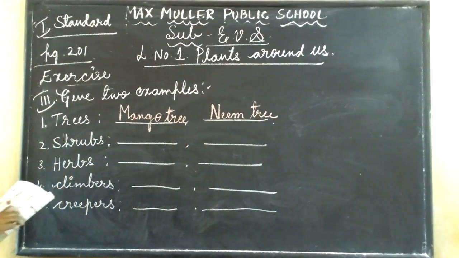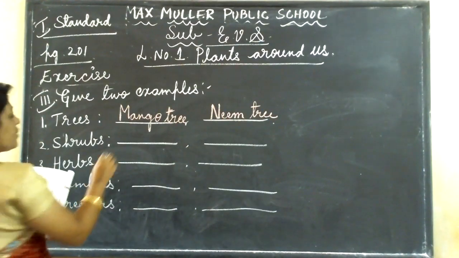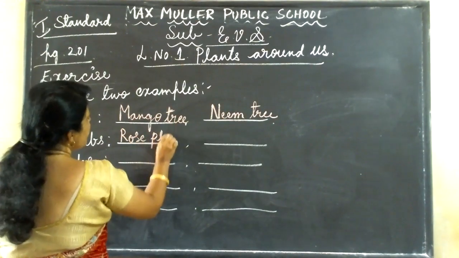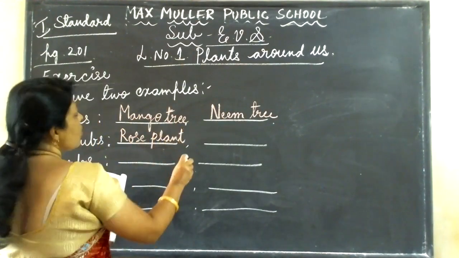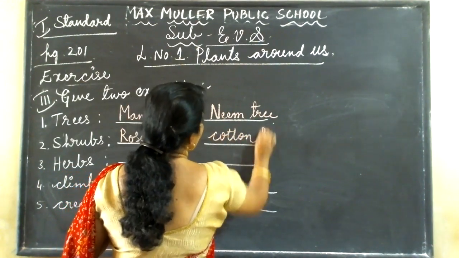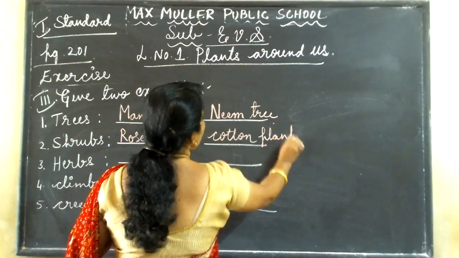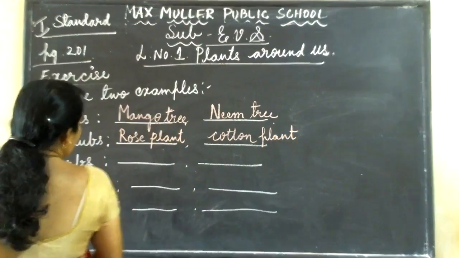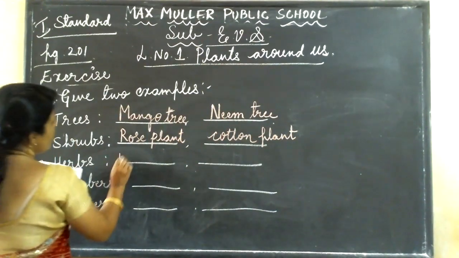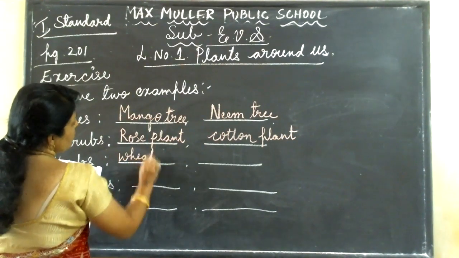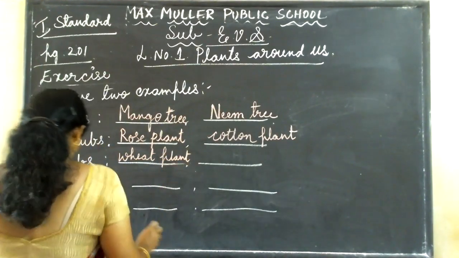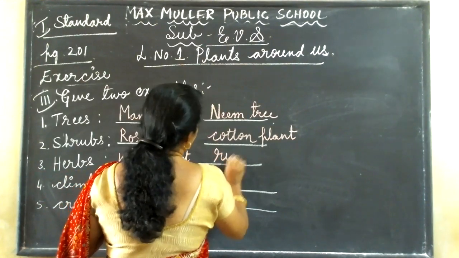Then shrubs. Examples of shrubs: rose plant, jasmine plant or cotton plant. Cotton plant. Okay. Then come to the herbs. Examples of herbs: wheat plant and rice plant.